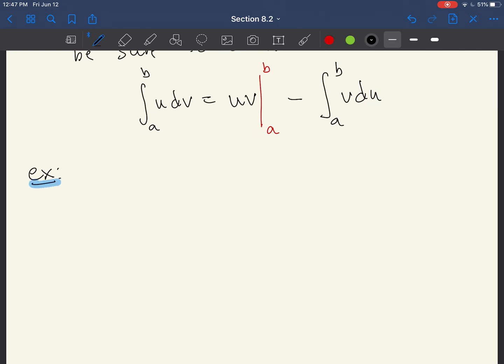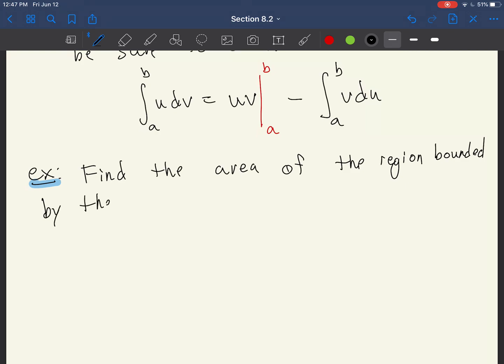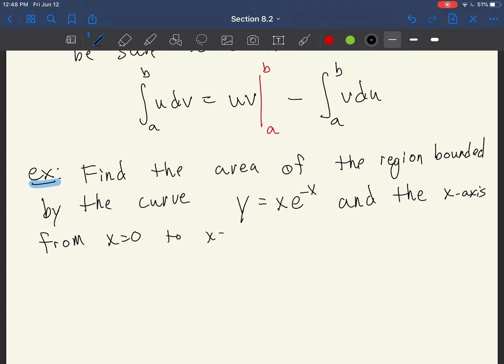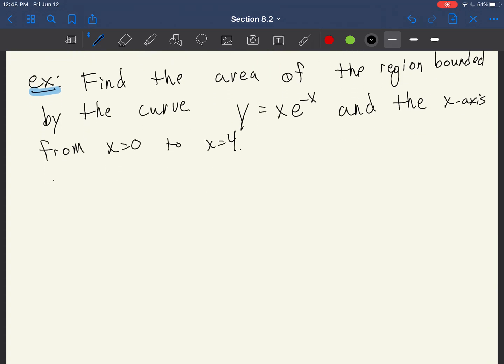So example. Find the area of the region bounded by the curve y equals x e to the negative x, and the x-axis from x equals 0 to x equals 4.